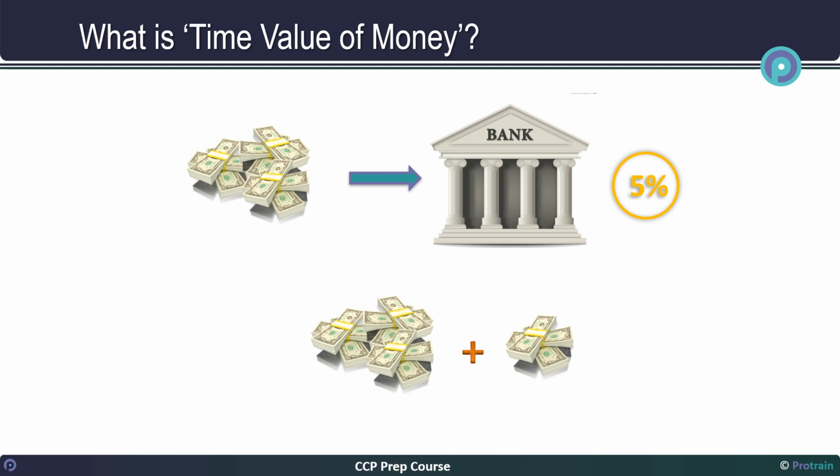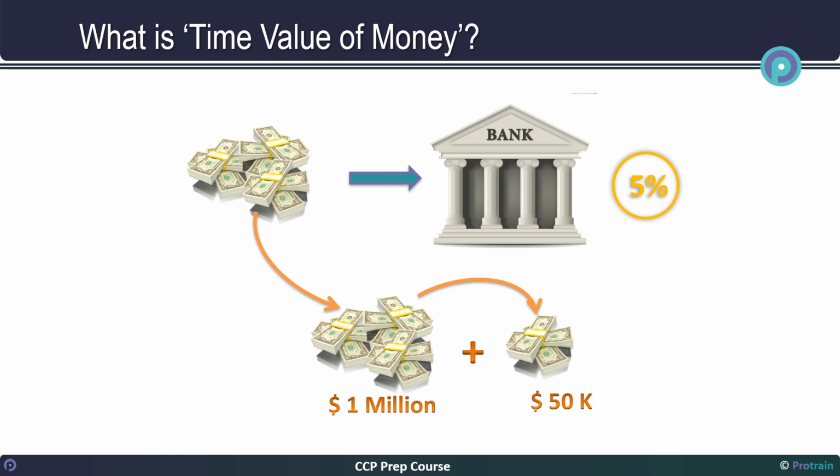So what John gets after a year? Well, he gets this original amount of $1 million. And, in addition to it, he receives $50,000 as interest earned. It need no explanation that John has earned $50,000 more by choosing option 1 over the option 2.